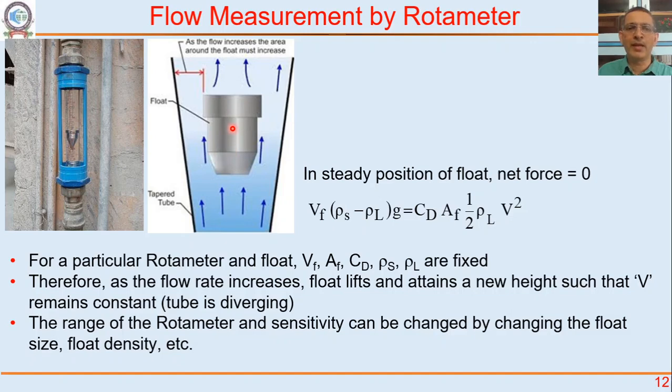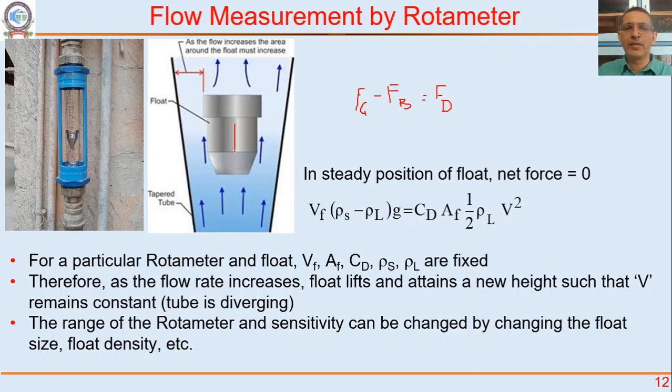Again, you can say gravitational force is a downward force, and there is an upward buoyancy force and a drag force. If it is floating, then again you can say that gravitational force minus the buoyancy force must be equal to the drag force, and this float is typically denser than the fluid, so therefore gravitational force is more than buoyancy force.